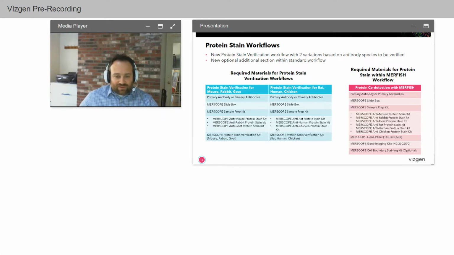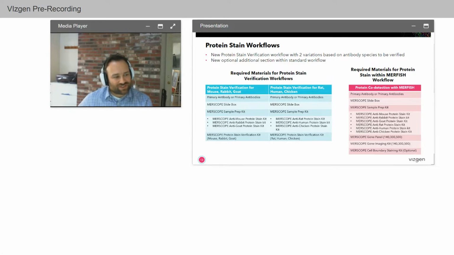If we look at the pink table, we can see the required materials for protein staining within MERFISH. So this is true protein co-detection with MERFISH detection as well. So we're going to detect transcripts and proteins together. Here you would need your primary antibodies, your MERSCOPE slide box again, your prep kit. You can plex up to 6 antibodies per experiment.